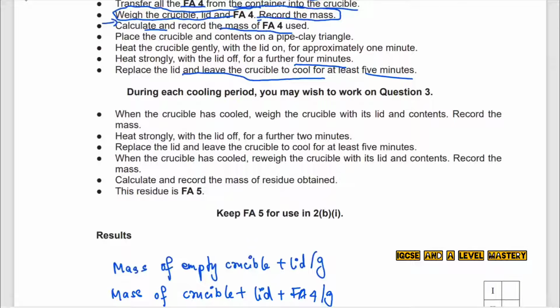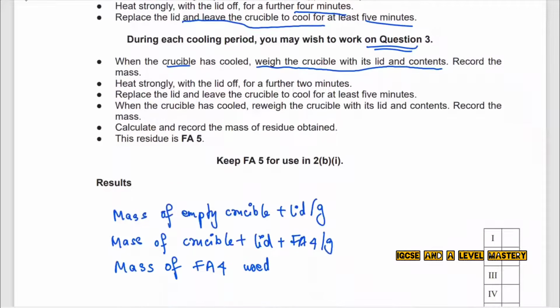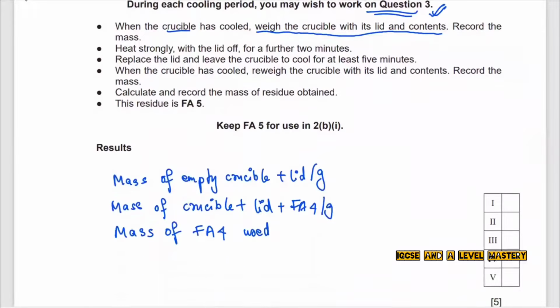While it is cooling, you can go ahead and do the third question. And then after 5 minutes, once the crucible is cool, we have to weigh the crucible with its lid. This is after the first heating. After the first heating, we are weighing the crucible with its lid and contents. These contents can be considered as a residue, because whatever is left after the experiment is called a residue.